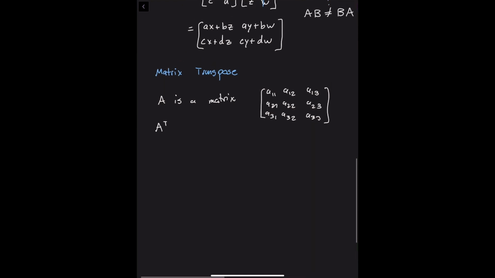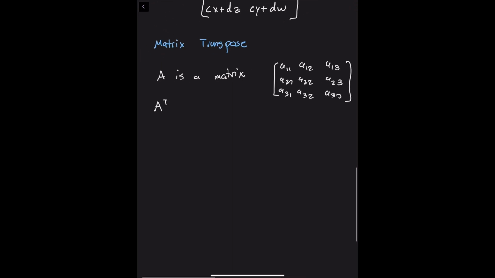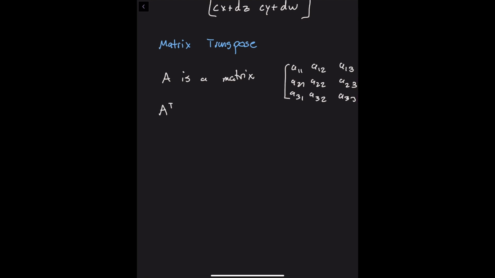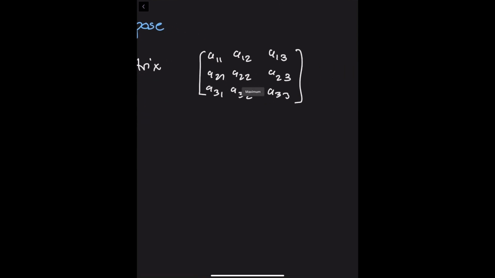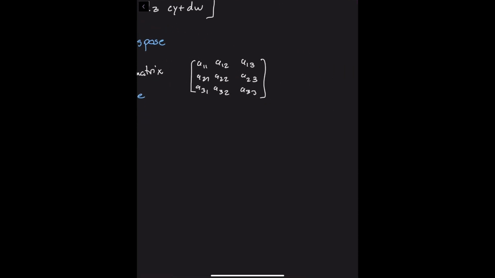If we have this matrix, the transpose of that matrix, which is this A with a superscript of T, we would simply swap. If we treated the diagonal as a line, we swap everything across the matrix. We kind of reflect it.